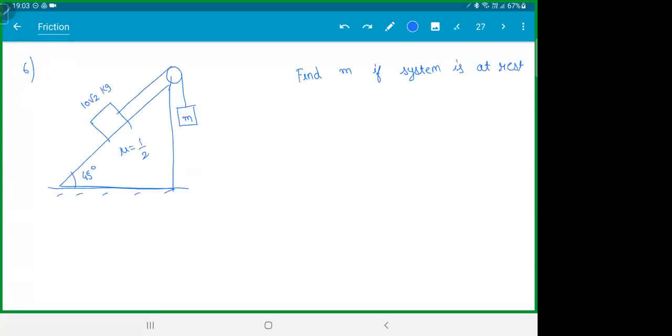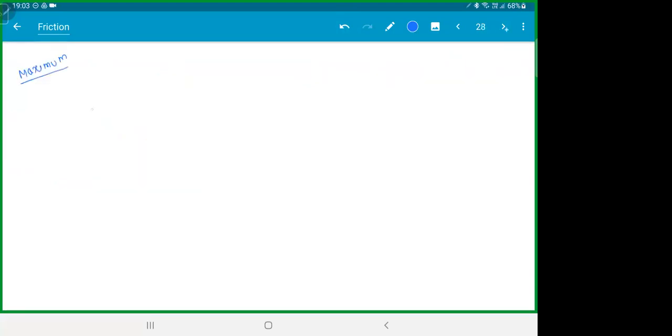Now, if the weight is so heavy, how will the blocks go? This will try to come down and this will try to go up, right? Then what should be the direction of friction? Maximum, the block will try to slide up. The 10 root 2 kg block will slide up.